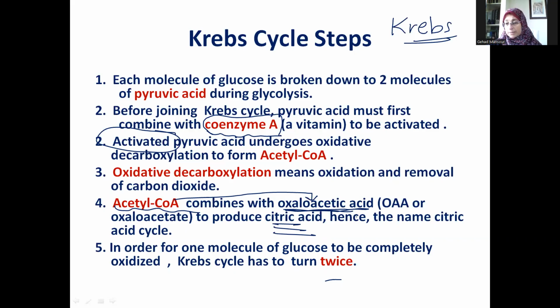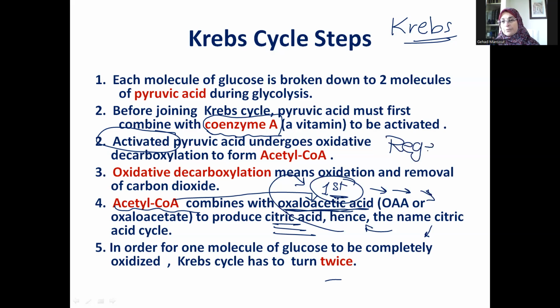This is the first reactant, and then you proceed in the cycle like this, and then you return again to oxaloacetic acid. So at the end of every Krebs cycle, there will be regeneration of oxaloacetic acid. Why? To be capable of starting a new Krebs cycle again.